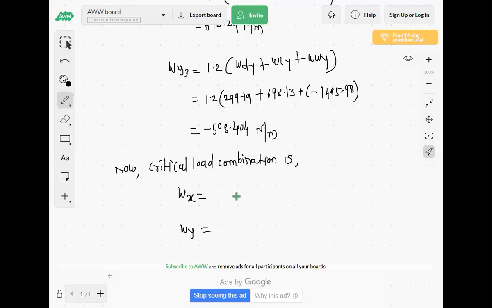Which is the maximum load in X and Y? Don't consider sign, only consider the value.